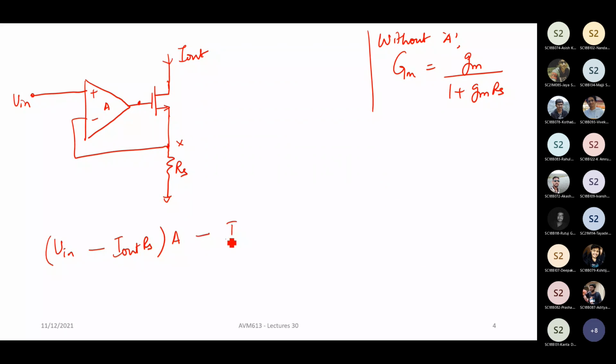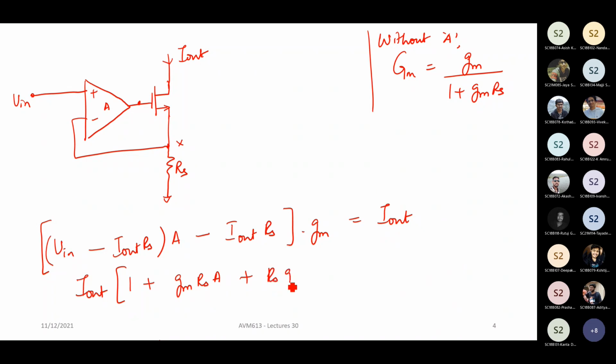The source voltage is I out times Rs. This is your gate to source voltage, and this multiplied by Gm is your I out. If you collect the I out terms, you basically get I out times (1 plus Gm Rs into A plus Rs times Gm) equal to V in times Gm into A.